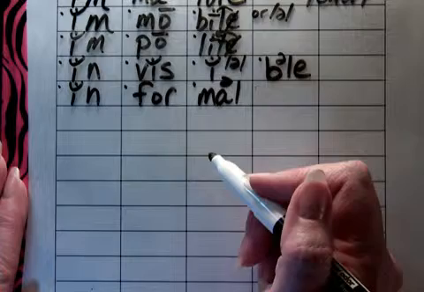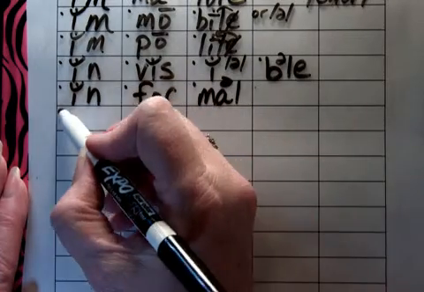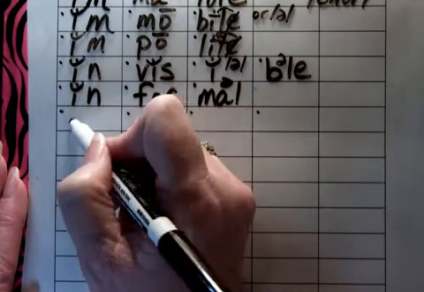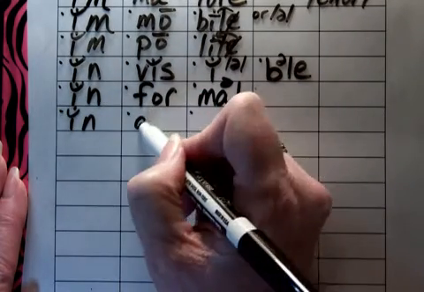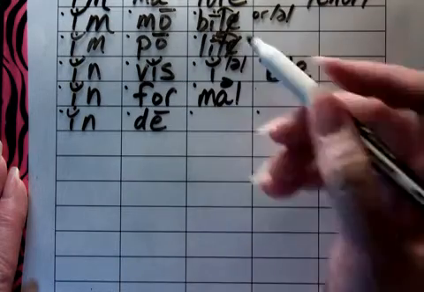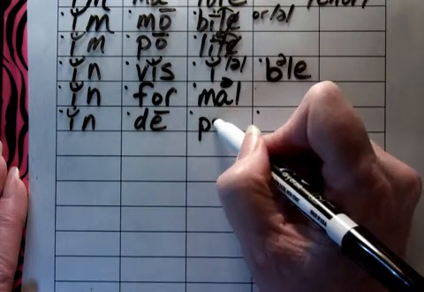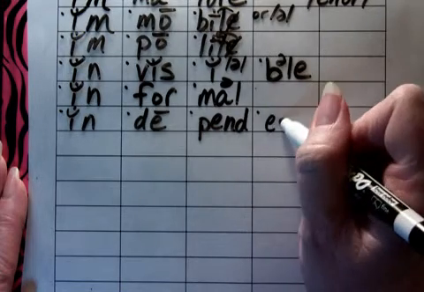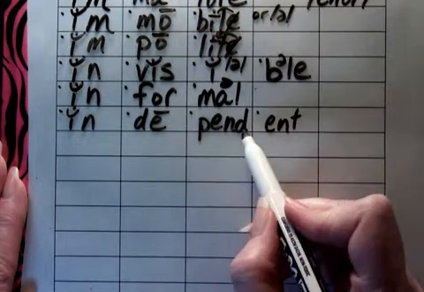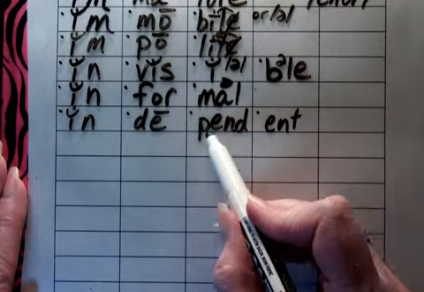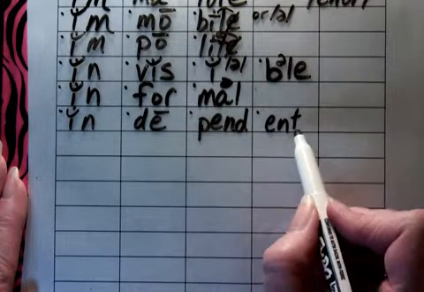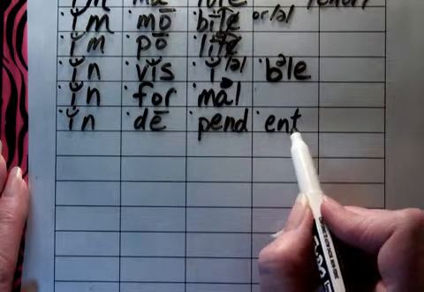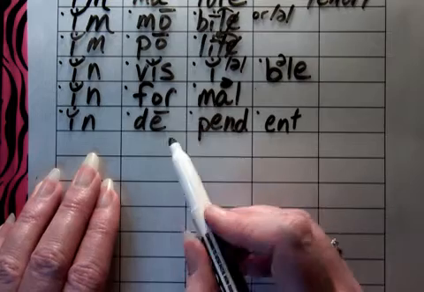The next one is independent. Independent. In, D, open syllable. Pendant, pen, ent. Now, we say pen and then dent, but this is actually a suffix. ENT is a suffix, and I looked it up in several dictionaries.